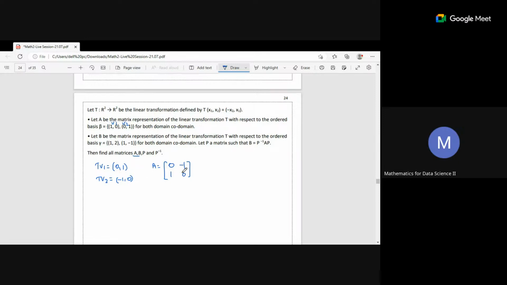So what is your B then? Let us say this is U1, U2. So TU1 is minus 2, 1. So if you write it in terms of U1 and U2, then what are the coefficients?